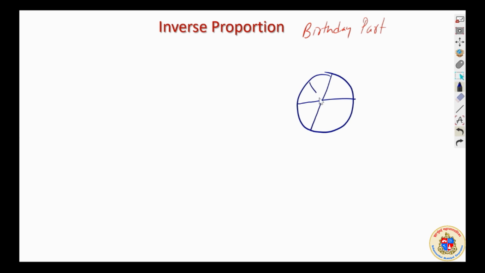But if there are only few people in the birthday party, अगर बर्थडे पार्टी में अगर समझ लो 5 जन आ गया, 6 जन आ गया, तो इतना मोटा मोटा पीस मिलेंगे ना. करेक्ट? And ज़्यादा लोग आ गए तो again it will be divided further, छोटा और है पीस.